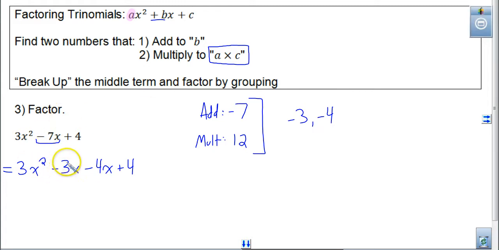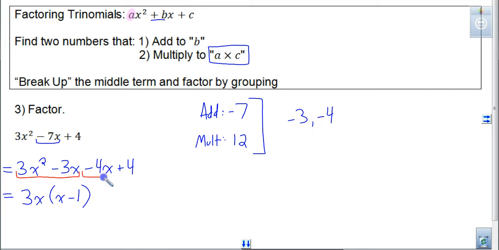There is a reason why I put the minus 3x first as opposed to the minus 4x, and it's going to help me with the next step when I factor by grouping the first two terms. I put the minus 3 there because I know that will factor nicely with 3x squared. I'll be able to factor out a 3x, and I'm left with x minus 1.